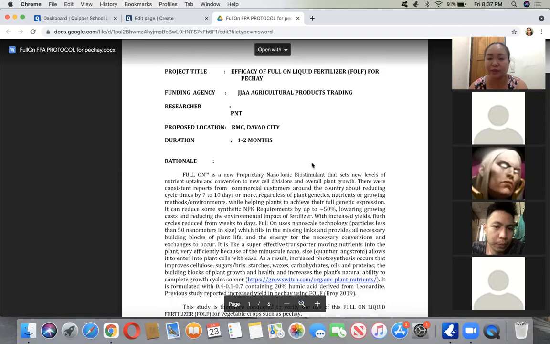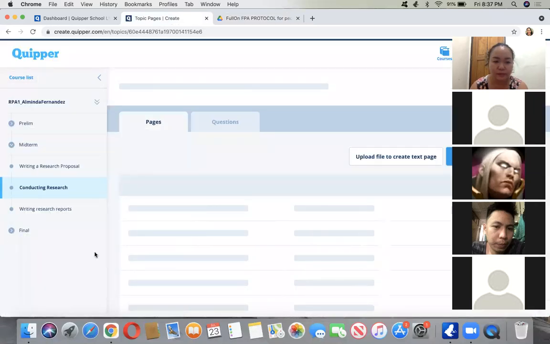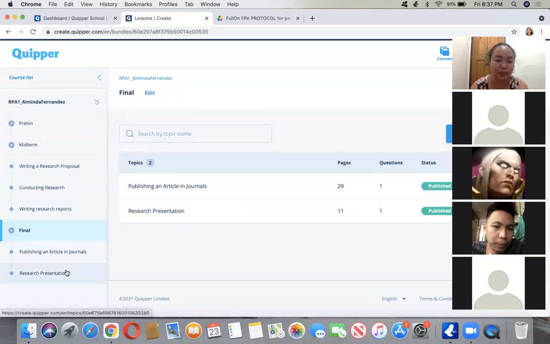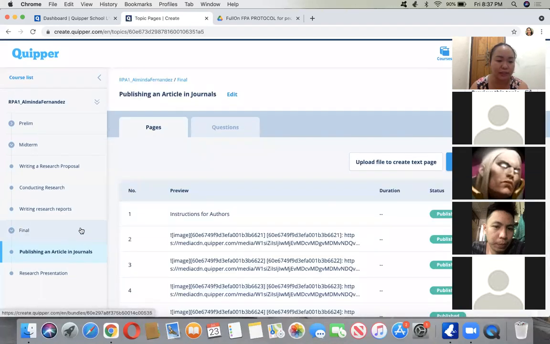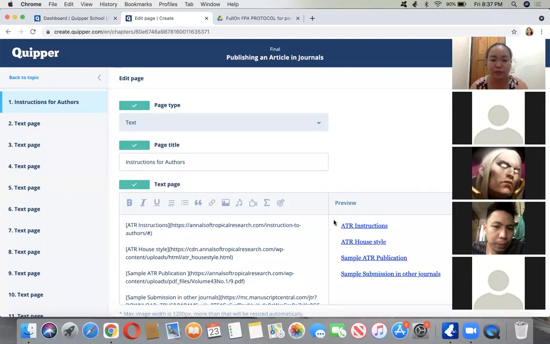Most of you are already asking what the format will be. Last time I told you that you can use the MLA or the APA format, but you can go directly to our publishing an article, since the instructions for authors contain our format. I haven't sent it yet, so I'll send it tomorrow or next week.